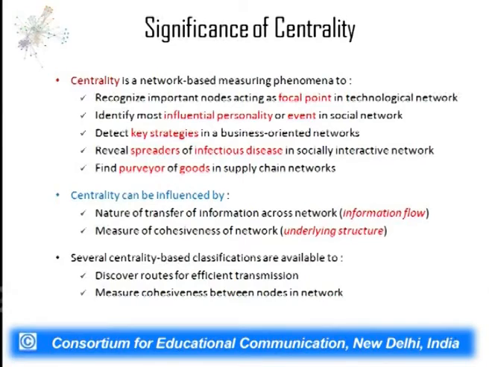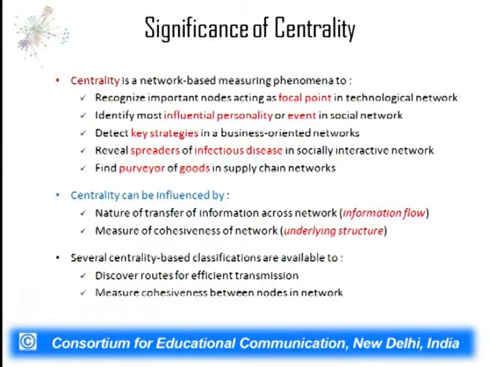Even when it comes to disease networks, or socially interacting networks, that is, physical networks in which people are talking with each other, sharing ideas, or working together, right? So what type of connectivity is being shared in such interactive networks?